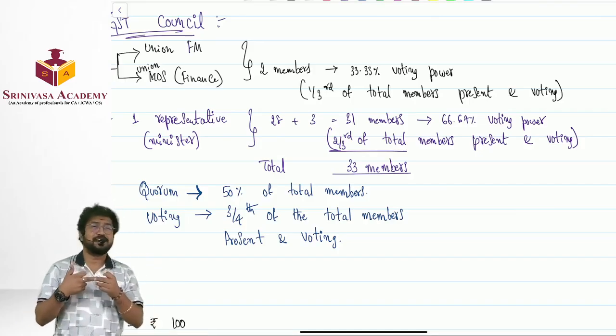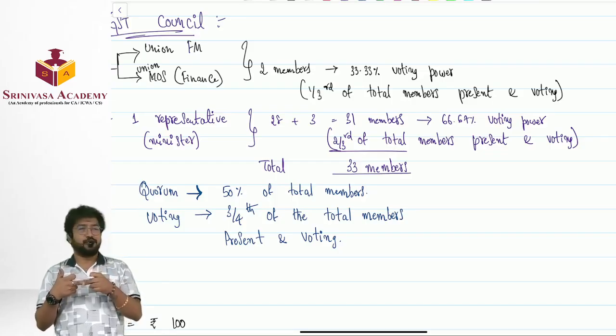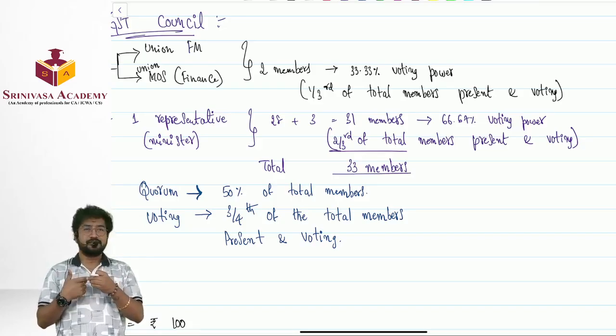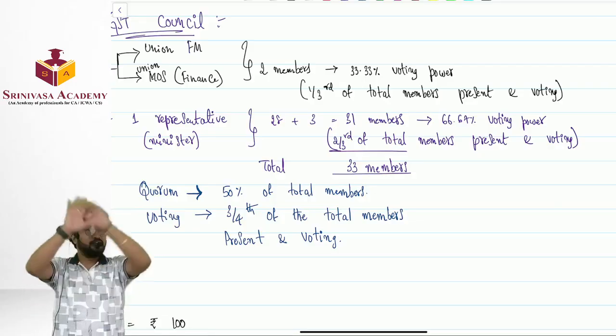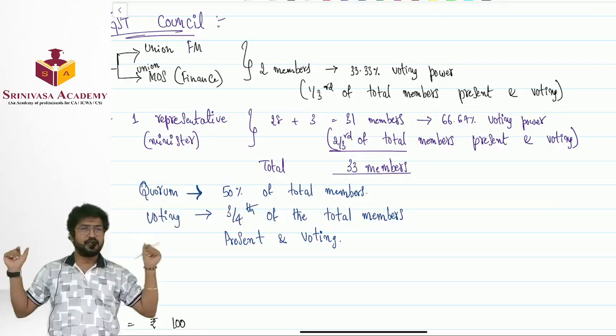So what is the majority mark here? 3/4. What is the majority mark in the GST council meeting? 3/4. What is the share of the central government? 1/3, and the state 2/3. But everywhere it is the total number of members present and voting. Clear? Shall we continue?